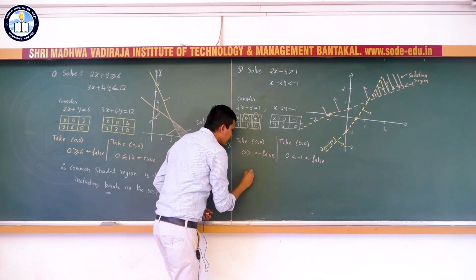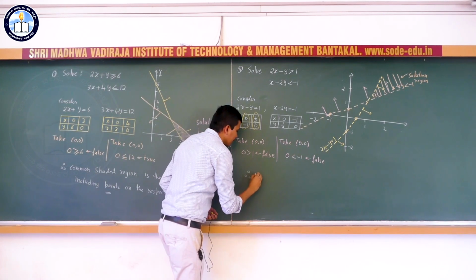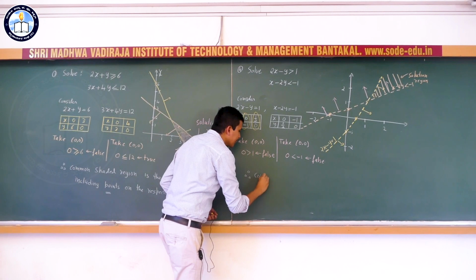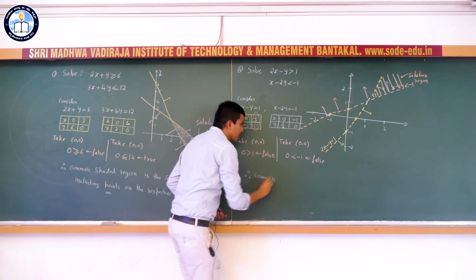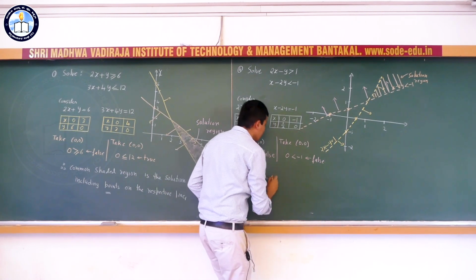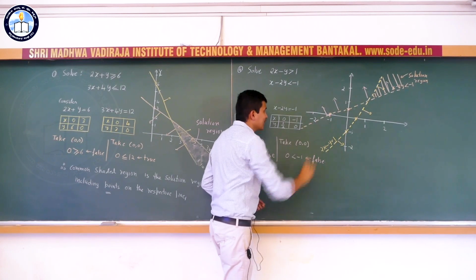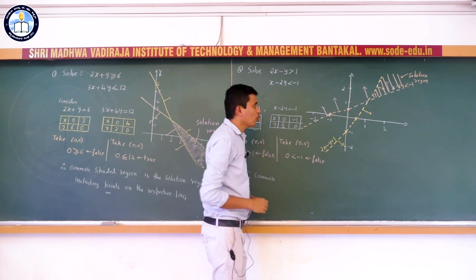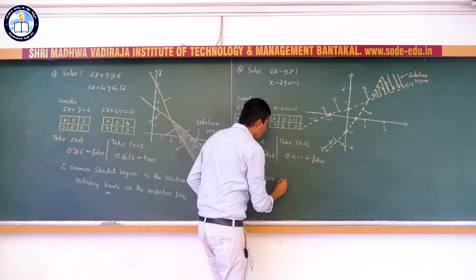How can I write the conclusion part? Once again, common shaded region. Otherwise here I can take it as this shaded region. I didn't shade all the lines here, so it is the common shaded region.